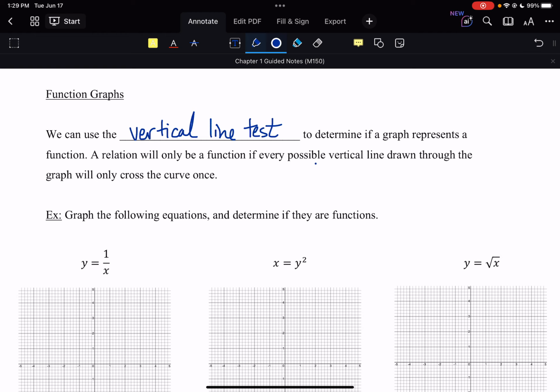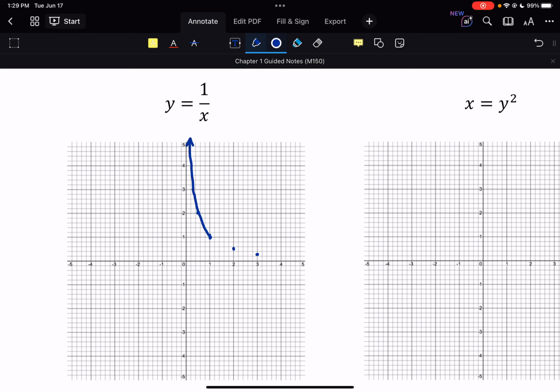So let's take a look at a few functions. We have here the reciprocal function, so y equals 1 over x. So we get 1, 1, 1 half 2, 1/3 3, 2 1/2, 3 1/3, etc. So it's going to be something like this.